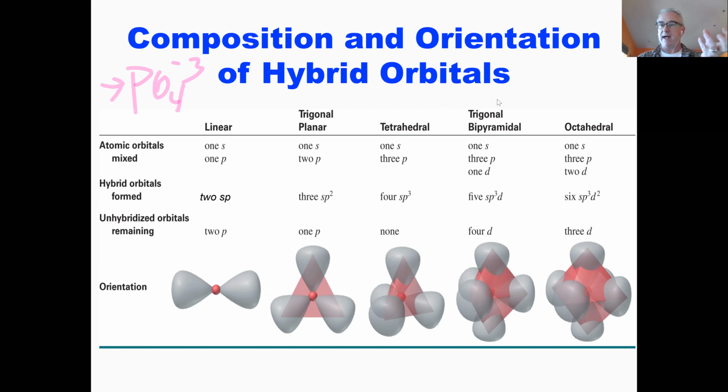So then you go back and you draw your Lewis diagram. You count the number of regions of electron density around phosphorus. And how many would that be? How many regions of electron density would there be around the phosphorus?